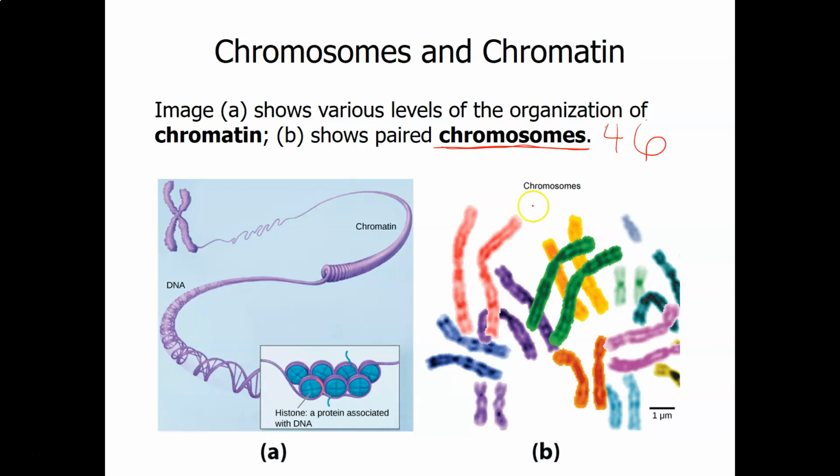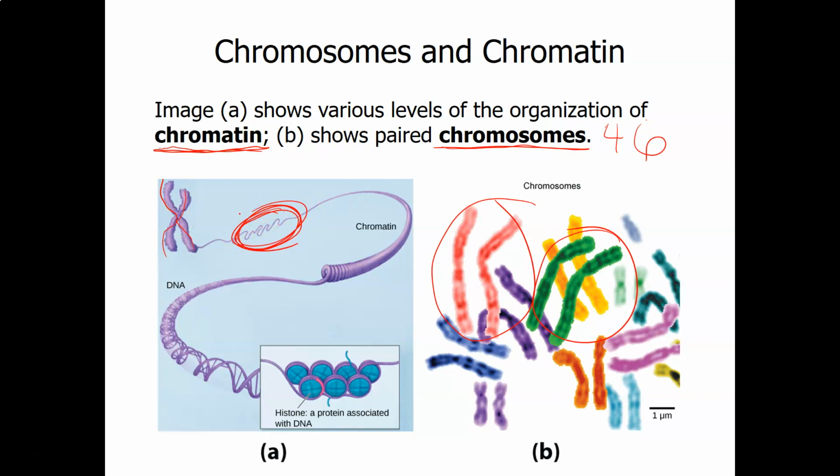So you only see these condensed looking chromosomes when the cell is actually dividing. But other times the DNA is in a form called chromatin, which means that it's really, really spread out. It's not condensed. Chromatin is the thread-like DNA that condenses and forms itself into these chromosomes. This is the chromosome, and this would be the chromatin.